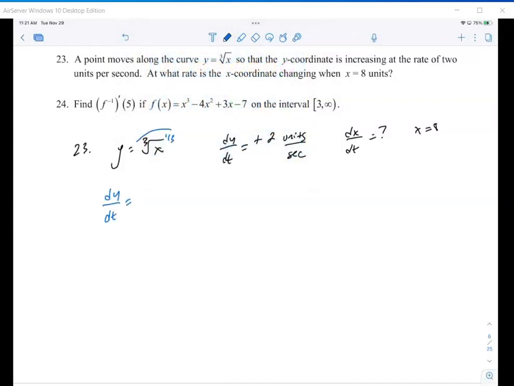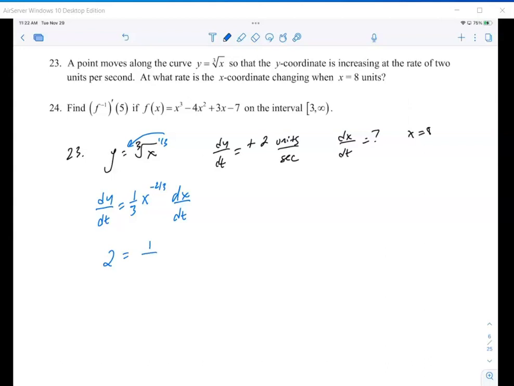This is like 1/3, right? So it becomes 1/3 x to the negative 2/3 dx/dt. Okay? dy/dt is 2. I'm going to go ahead and move this down to the bottom. And then dx/dt is what I'm looking for.